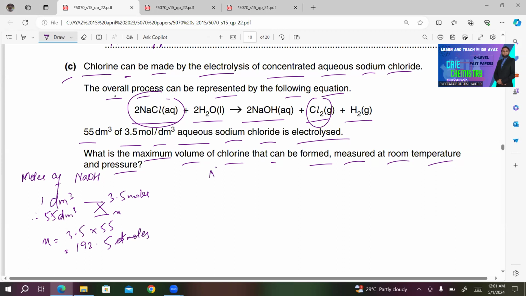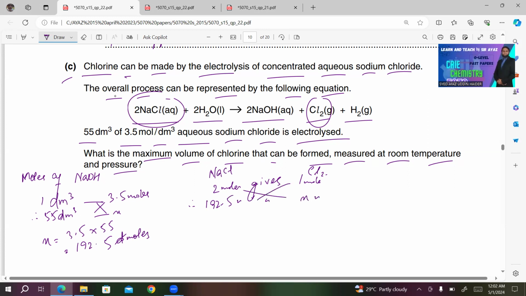Look at the relation. This is the relation: NaCl, Cl2. You have 2 moles of sodium chloride gives 1 mole of Cl2. Therefore, 192.5 moles gives X moles of Cl2.